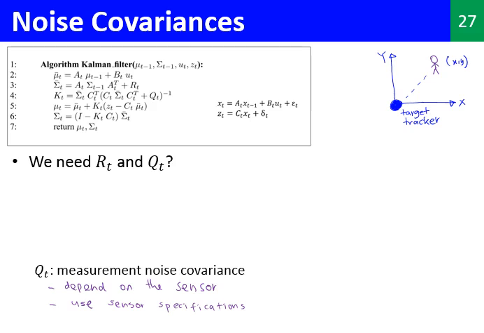to populate the Q matrix. So if we take a GPS sensor, for example, it would tell us the standard deviation of the measurement we get. So the standard deviation of the X measurement and the standard deviation of the Y measurement. Therefore, we can put those values on the diagonal, and unless it is explicitly mentioned, we are going to assume that there are no dependencies between X and Y readings.